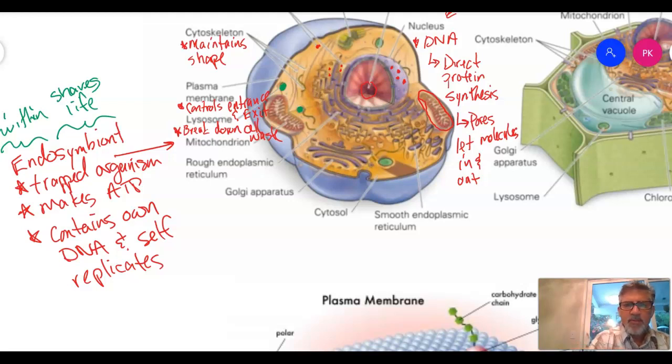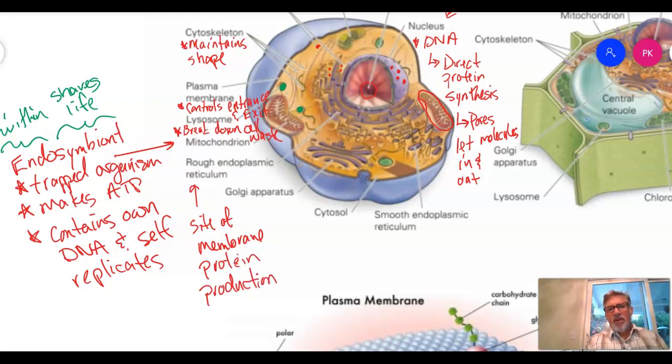So the rough endoplasmic reticulum here. Right, so it's a site of membrane protein production. So it has ribosomes attached.